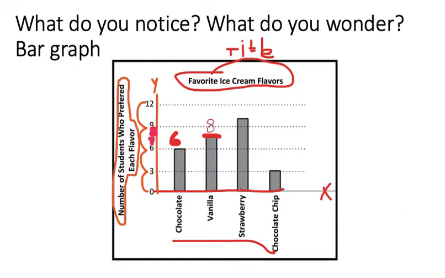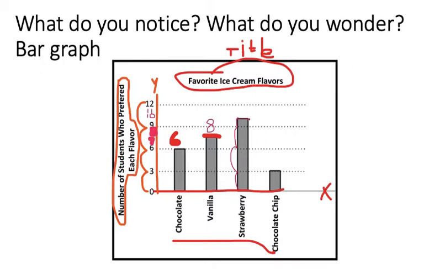Now, when we look at strawberry, there's 3, 6, 9, and then a little bit between the numbers 9 and 12. I wonder how many numbers there are. There's 10, and then there's 11.